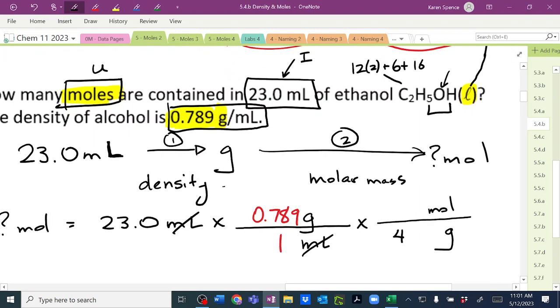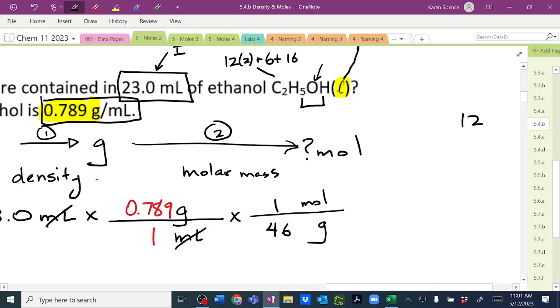So I have 46 grams per mole. I've done something wrong. Yeah, the 46 needs to have the correct sig figs. When I'm adding them up, I'm not really adding up 12 and 6 and 16, I'm adding up 12.0, 6.0, 16.0, and so my total should be 46.0.